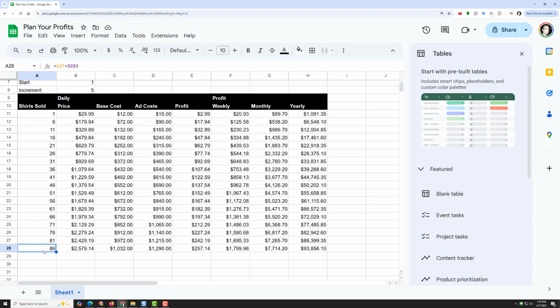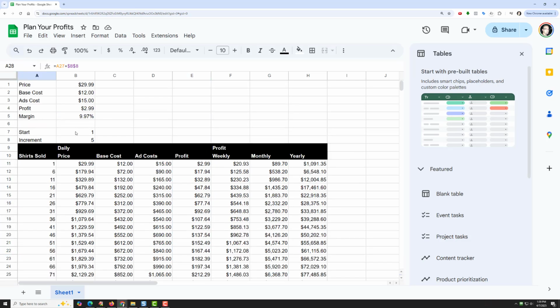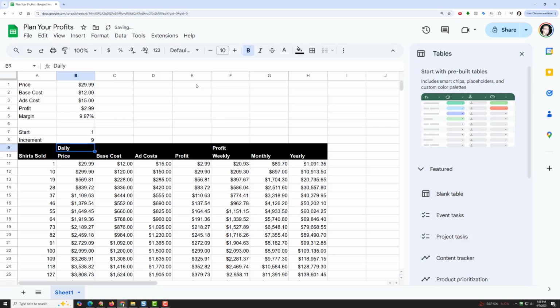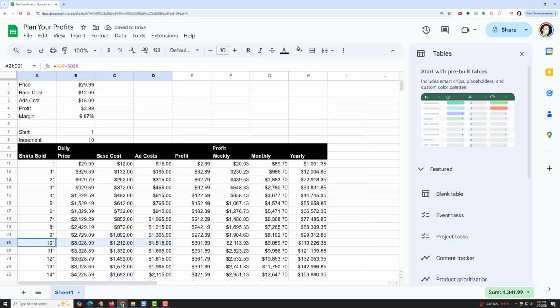So look at this. If I want to spend, let's make these numbers a little rounder. Let's go by 10 instead. There we go, 51. There's 101. So at this point, if you want, well, I guess 91 would be a six-figure business, just shy of it.